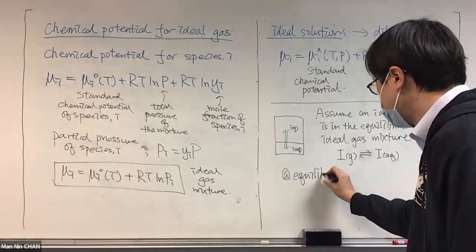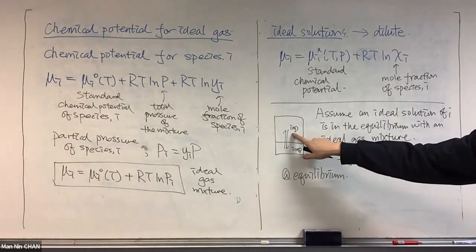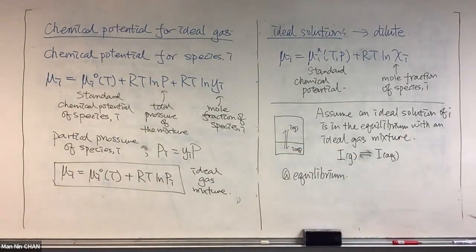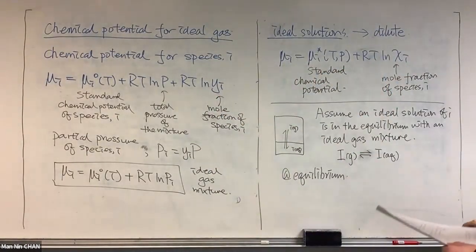So at the equilibrium, basically the chemical potential of the species in the gas phase will be equal to the chemical potential of the species in the liquid phase. So therefore, these two terms will be equal.